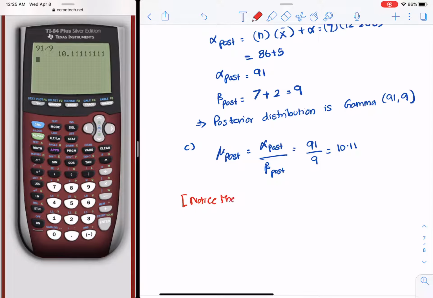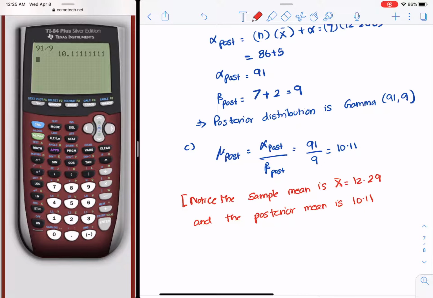So important thing here, notice the sample mean is x bar equals 12.29 and the posterior mean is 10.11.